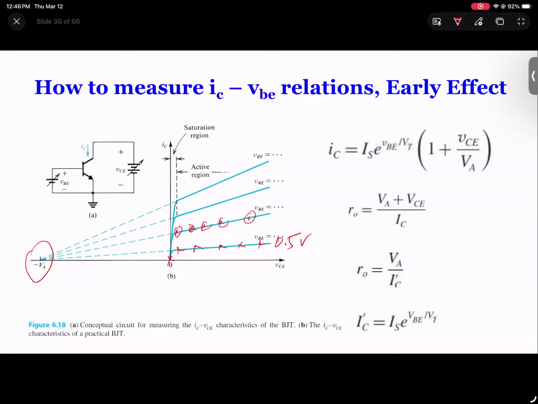So not a constant anymore. But if you extend all the lines to the second quadrant, you will see that they are going to cross at the same point. So that point is called the early voltage. And that is an important parameter that we need to make use of later.